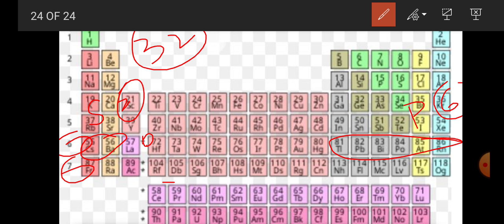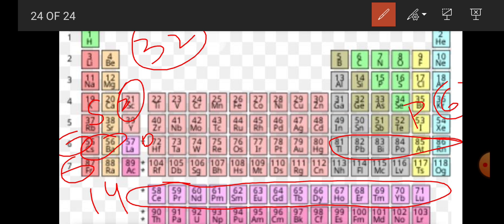So these are all 14 elements, called the lanthanide series. And the remaining are the 10 transition elements. So we know that it consists of 32 elements.